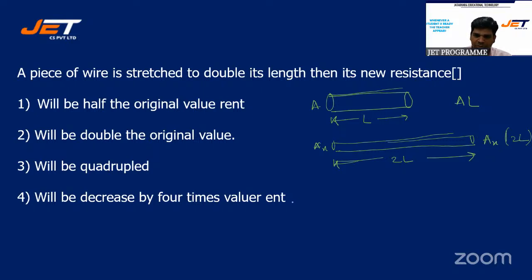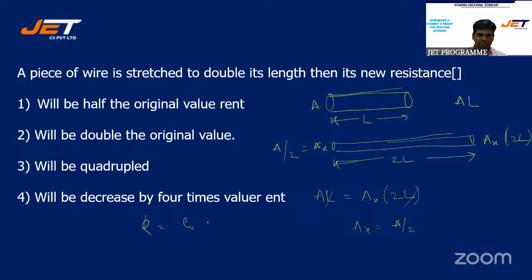When I equate these two volumes, A into L is equal to AX into 2L. Cancelled out. AX will be equal to A by 2. If length is doubled, area is half. Now what is the formula?